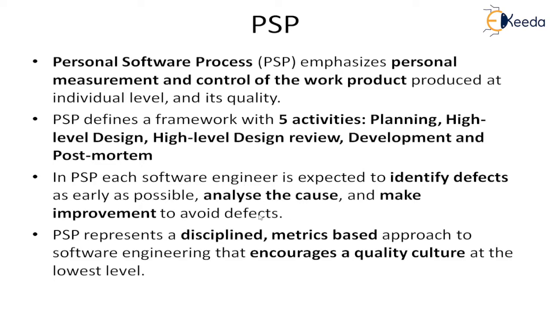He will try to analyze the cause. He will do a normal analysis, take some statistical units, and try to make improvements or take preventive actions to avoid defects. So it is a very disciplined and metric based approach, and since it is done at the software engineer level, or rather at the grassroots level, it encourages a quality culture in the organization right from the bottom level.